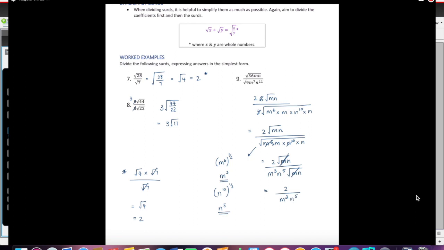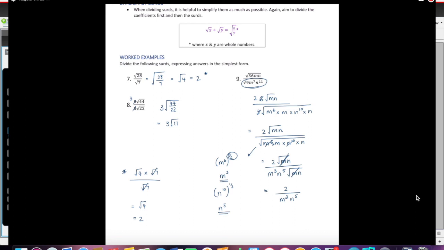What I would recommend you do is take care when you are dealing with expressions that look like that. Where possible, if you can simplify them, definitely look at rewriting your root as an expression to the power of a half, because that'll make it a lot easier to simplify it. So you can see how I went from m to the power of 6, and this is still telling us that it's a square root.